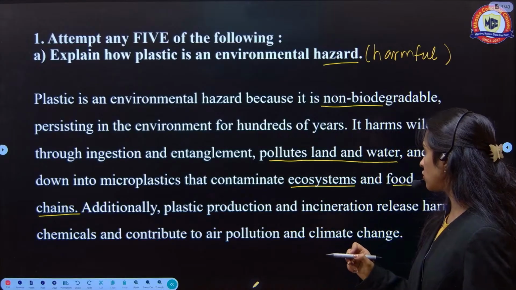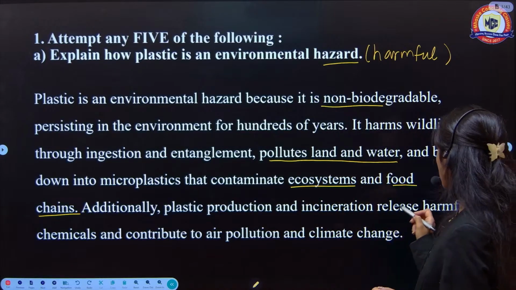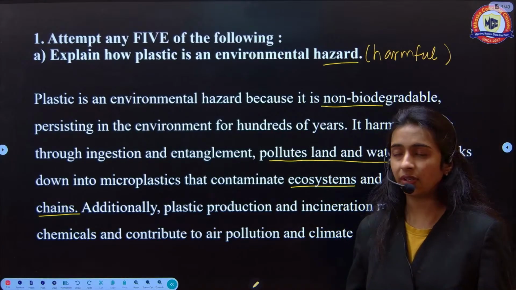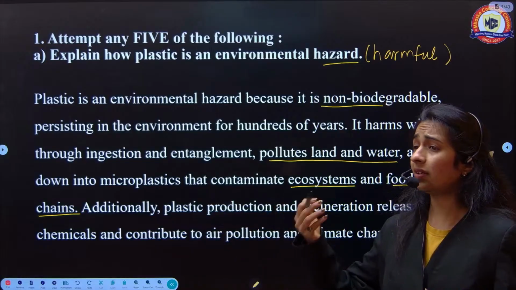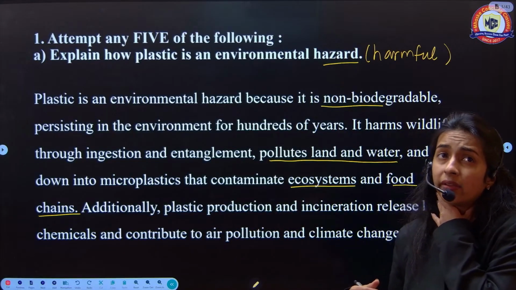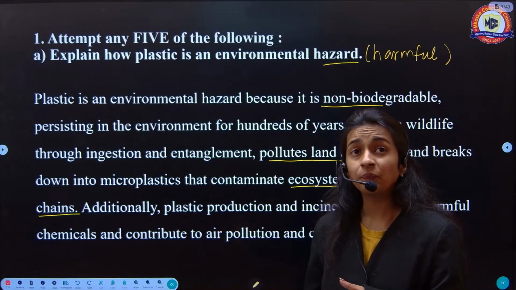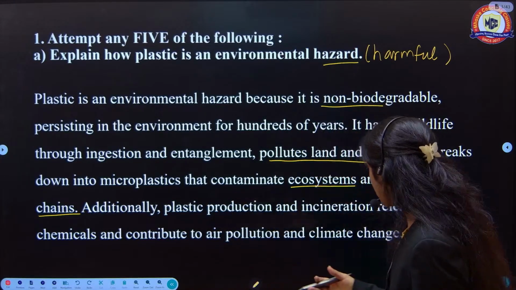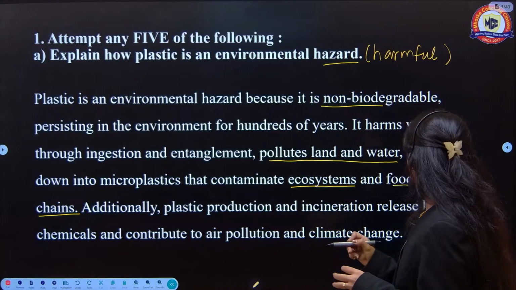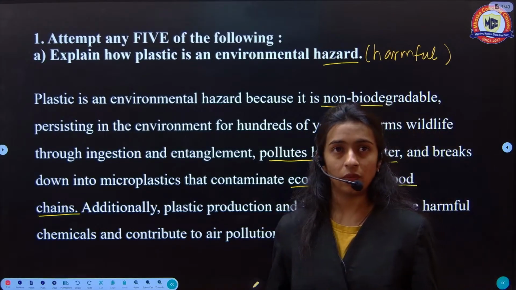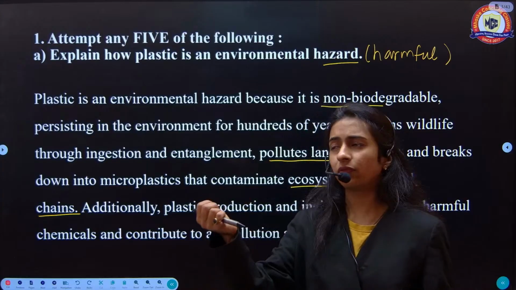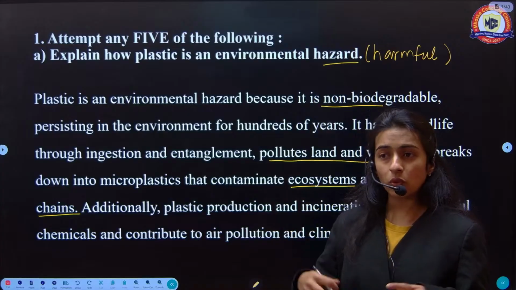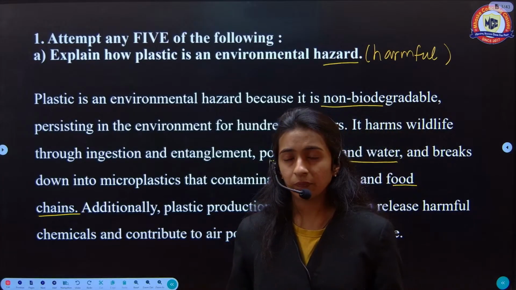Additionally, plastic production and incineration release harmful chemicals. So it's not just that it is non-biodegradable. Of course it will stay there in the environment, someone will eat it, someone will choke on it, and automatically the food chain will be disturbed. But when you make plastic, what will happen? Harmful chemicals come out. We all know that when we use a refrigerator and air conditioner, they give chemicals out during use.